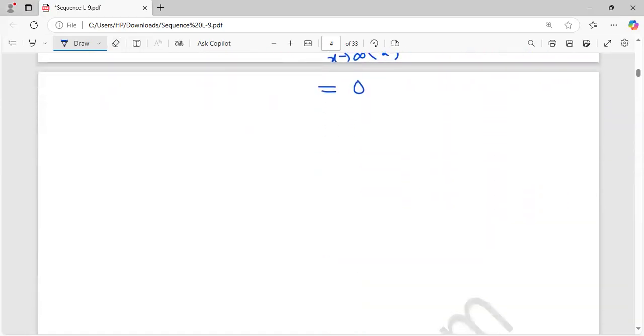So this implies the limit as x tends to infinity of f(x) is equal to 0.